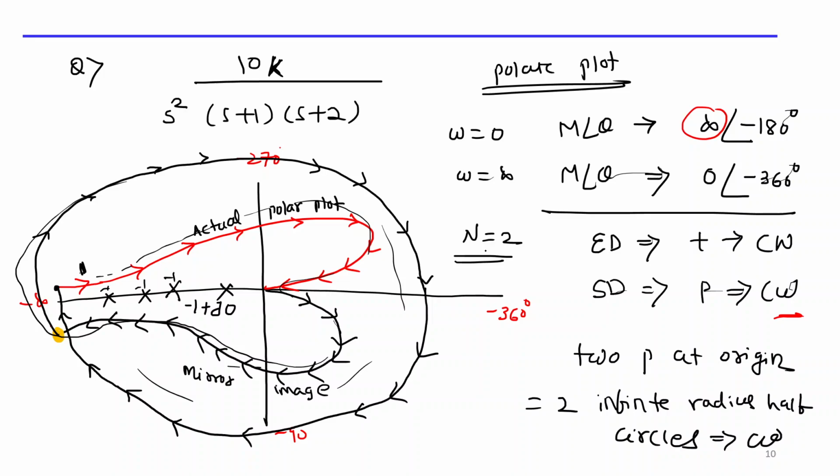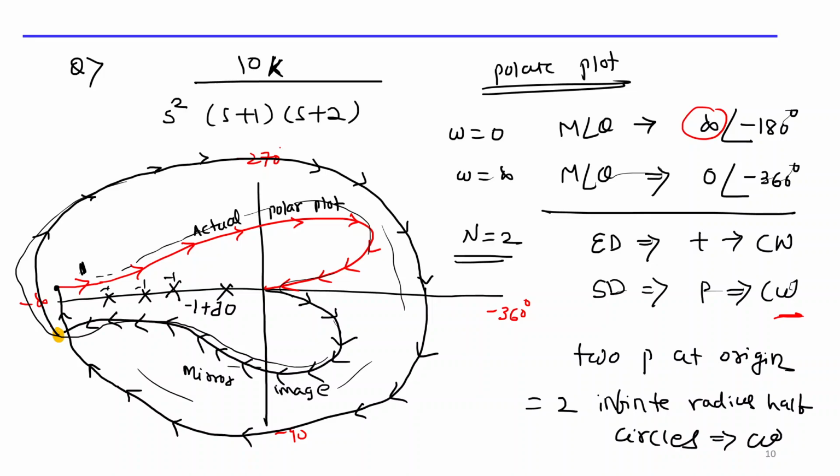If n equal to 2, it means definitely the system is not stable, because there are two poles on the right hand side, and those are the closed loop poles on the right hand side. Because by looking at this question, can anybody tell me how many open loop poles are on the right hand side? How many open loop poles on the right hand side?